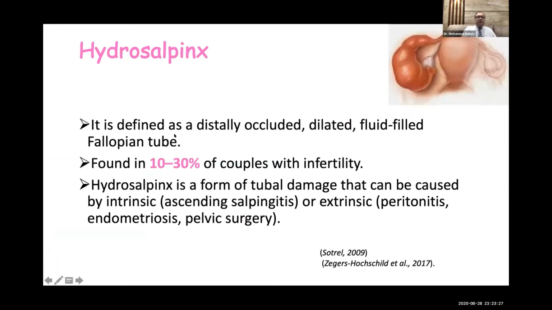Hydrosalpinx is defined as a distally occluded, dilated, fluid-filled fallopian tube. It is found in about 10 to 30% of couples with infertility.